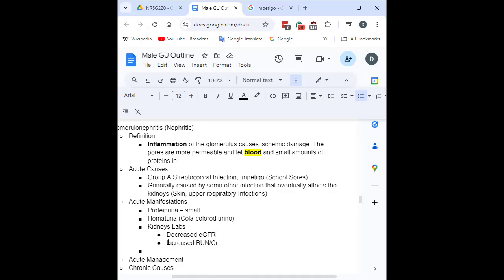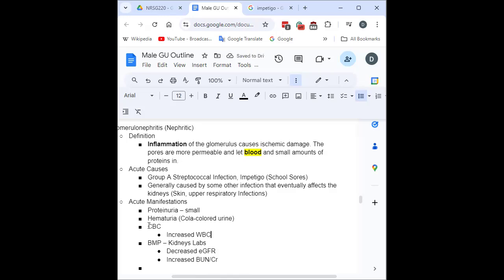What about something that you might see in your CBC? Yeah, so remember that your white blood cell count is not just infection. It can be caused by an infection that leads to kidney damage, but it's not directly an infection. Your white blood cell counts are not just telling you there's an infection, they can also tell you that there is just inflammation in general.